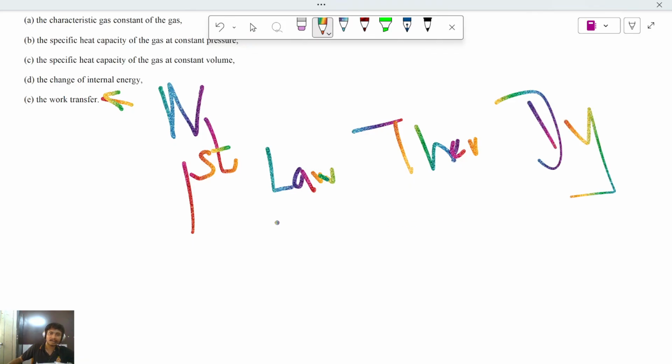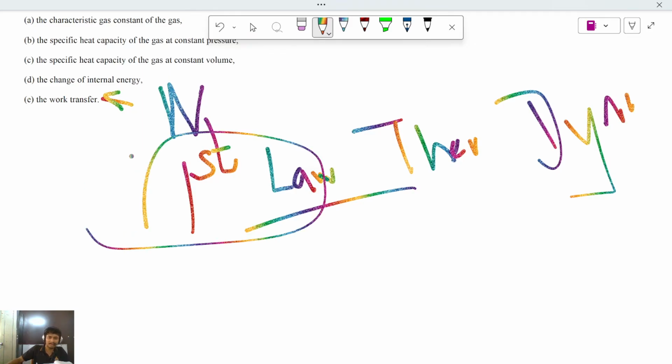If we want to find the work transfer, we have to consider the first law of thermodynamics. The first law of thermodynamics is: energy can't be created or destroyed.